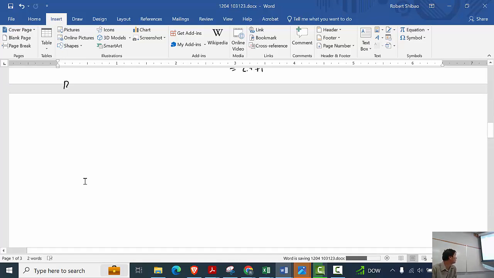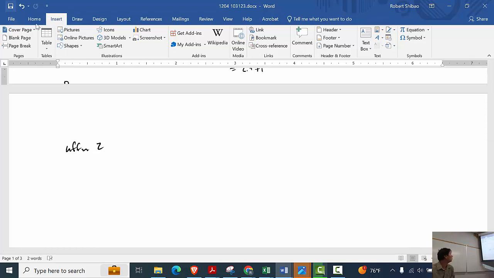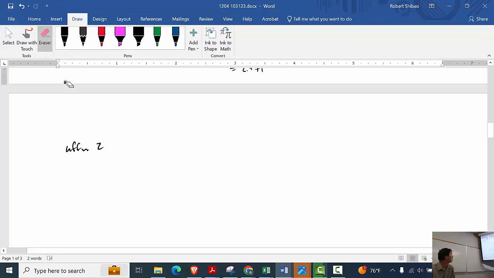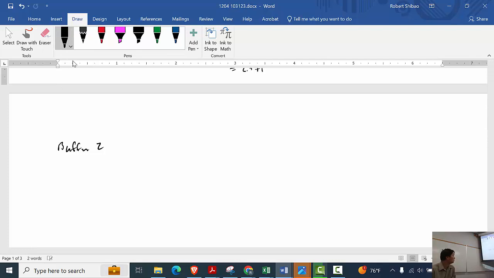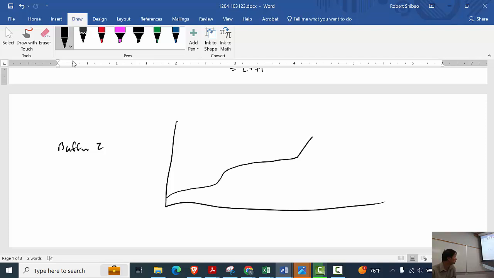So once we're past the equivalence point, now we're in the buffer 2 range. And so from this equivalence point here to this equivalence point here, this is where we're going to be focusing, in this range here.